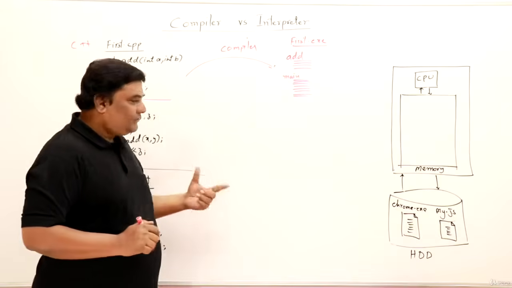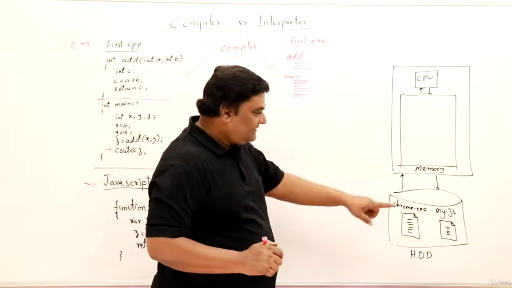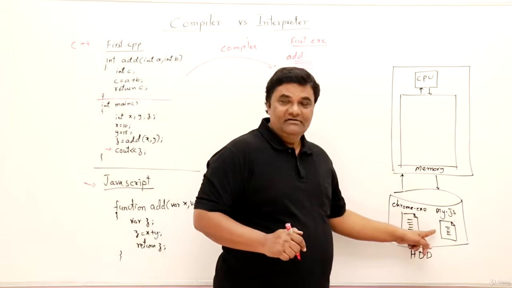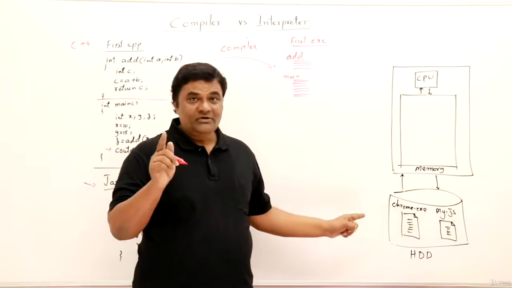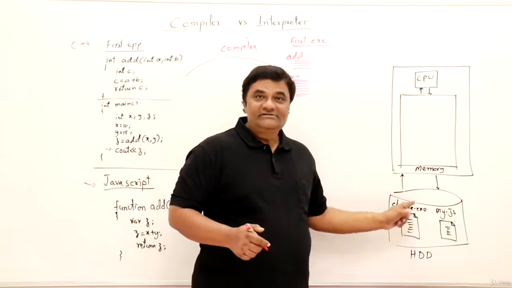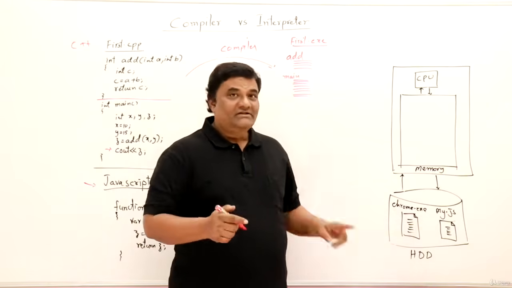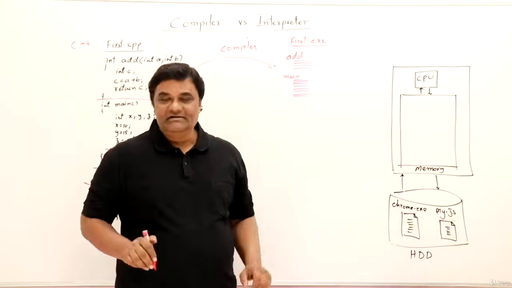See, suppose this is a file called my.js, and that file is present here. Then I also have a program called Chrome, a commonly used browser. So I am using the name Chrome here. This chrome.exe is a browser. JavaScript runs inside a browser. It cannot run independently.